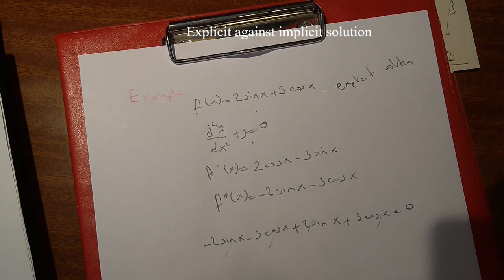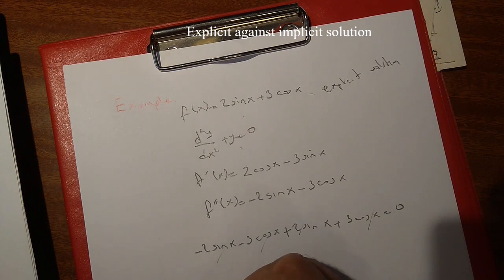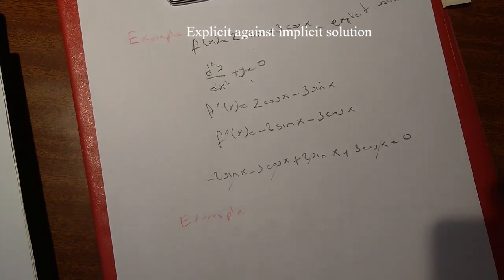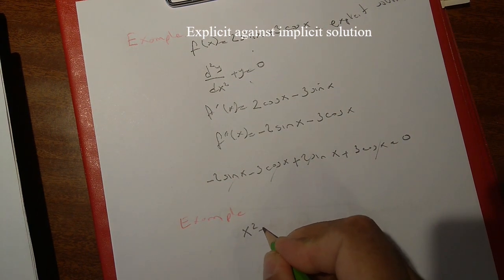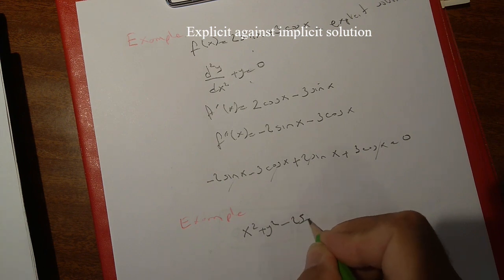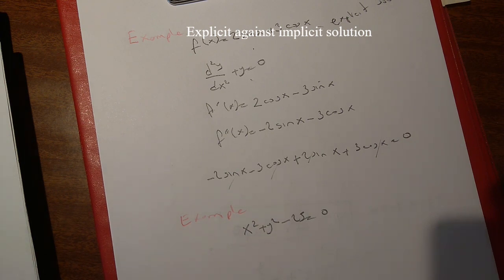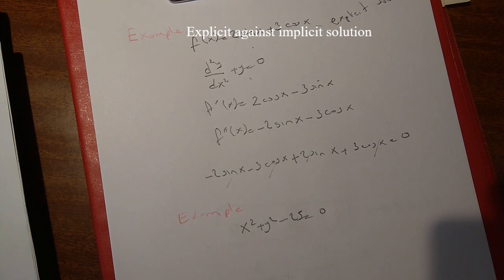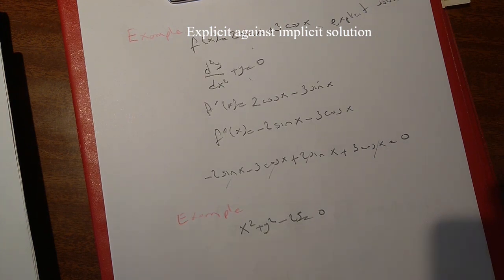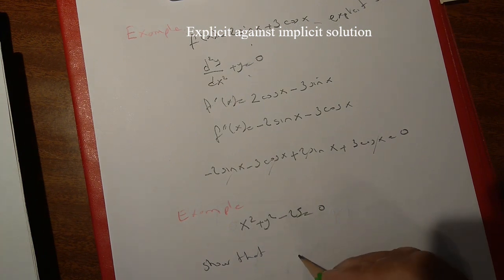Now let's look at another example. So we are given this relation here. Okay. So we want to show that this expression is an implicit solution of the differential equation.